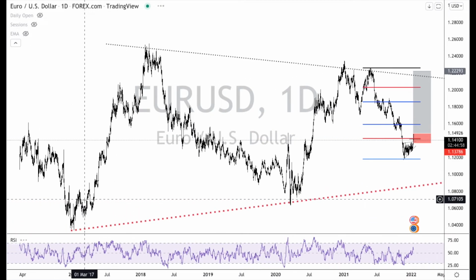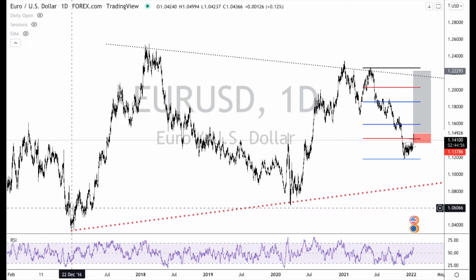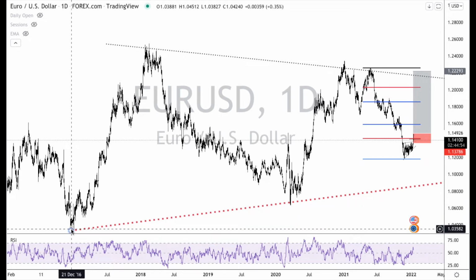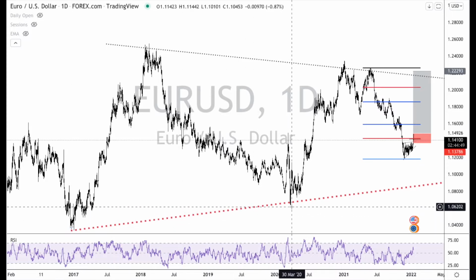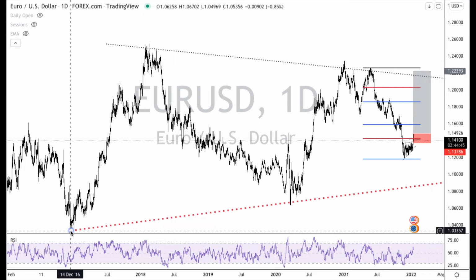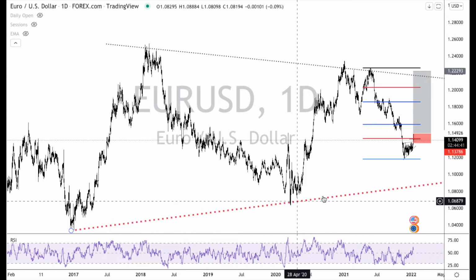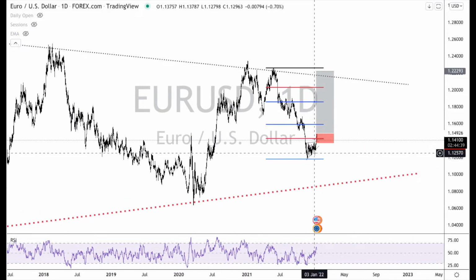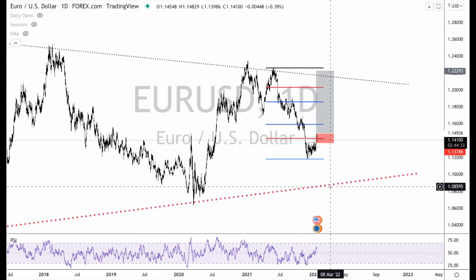If you go all the way back, and this would have taken us back to December 2016, wow, that's a while back, you can see that this here is a lower low, and this is a lower high, and this area might also be another lower high. But however, I still think it's going to come down here somewhere.